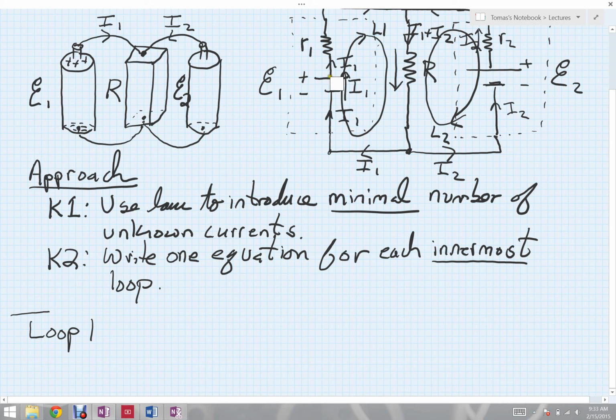The presumed direction of I1 is this way, so the upstream side of R1 is here, plus, and the downstream side is minus. For this resistor, I've written the current as though it were flowing in the downward direction, so the upstream side there is plus, and the downstream side there is minus.